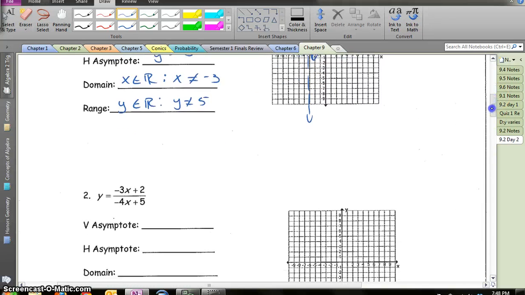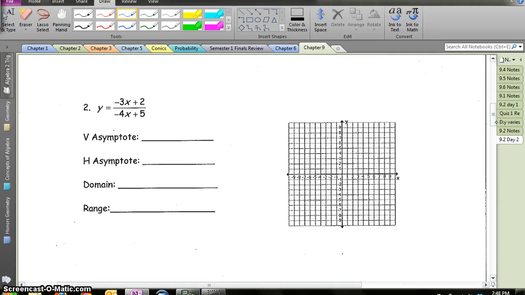Now here, these are our other hyperbolas. So my vertical asymptote is what forces my denominator to be 0. So subtract 5, divide by -4. So x equals 5/4, because a negative and a negative give me a positive.